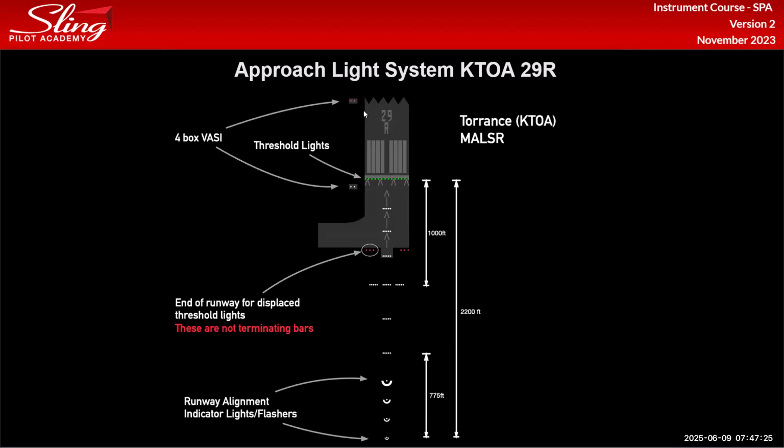PAPI is going to be the 4 lights side by side, but you have the 2-box, 4 light VASI. The threshold lights are those green ones, the end of runway for displaced threshold. These are not the terminating bars. And then you have the runway alignment indicator lights and flashers, which are right here. That's what the R in it means, runway alignment indicator lights.